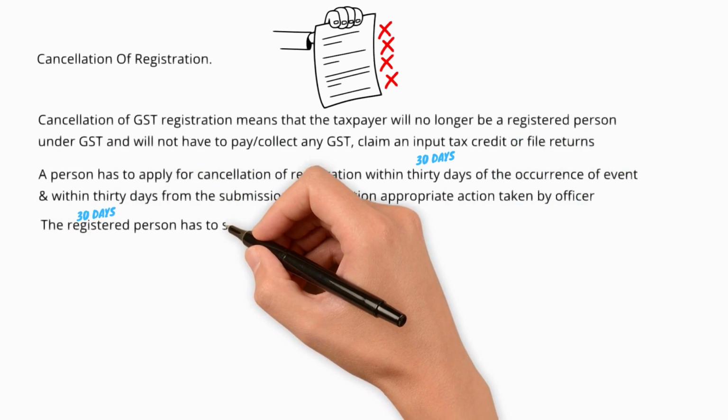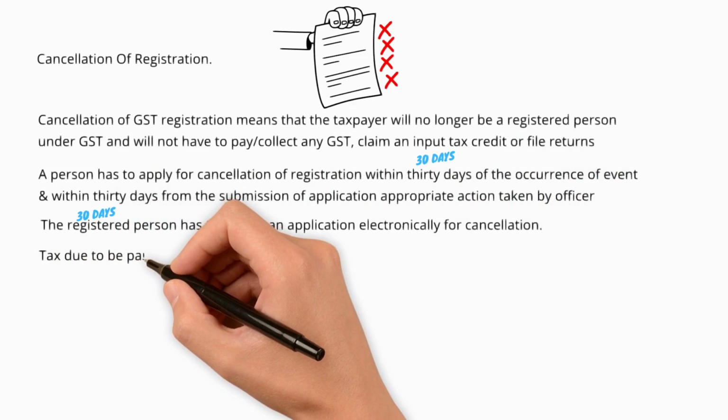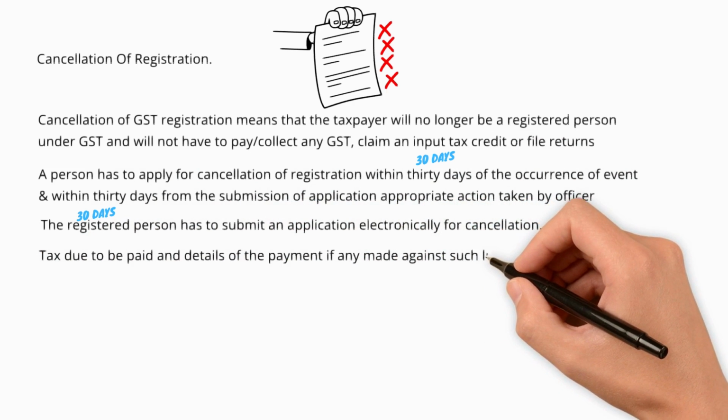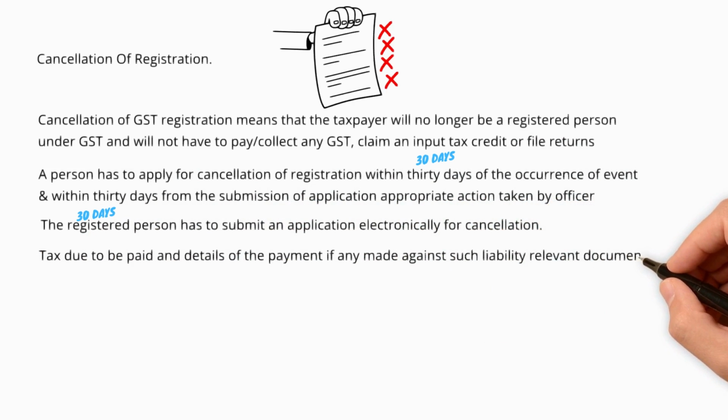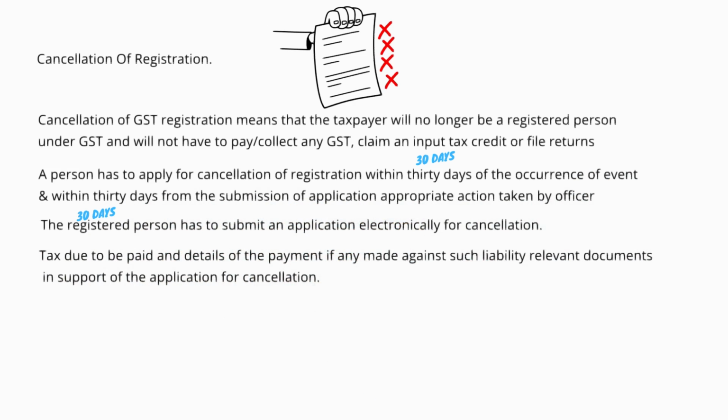The registered person has to submit an application electronically for cancellation, with tax due to be paid and details of the payment, if any, made against such liability, and relevant documents in support of the application for cancellation.